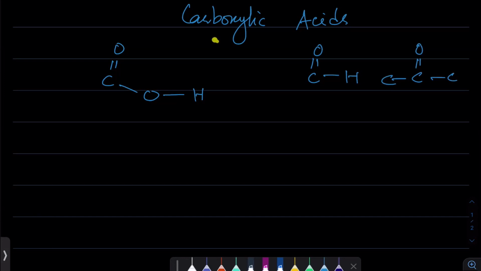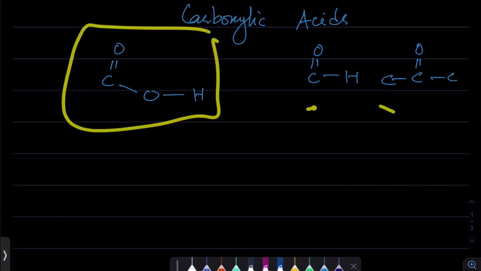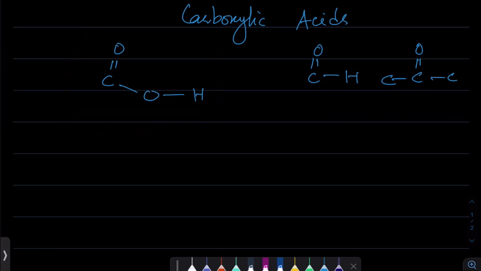So, this one behaves very different from these two. They don't act at all like other carbonyl compounds. So that's why even though they have the carbonyl group, we will not consider them to be carbonyl in practice.